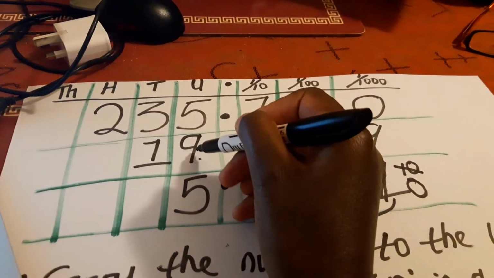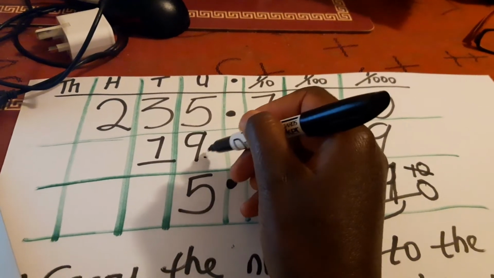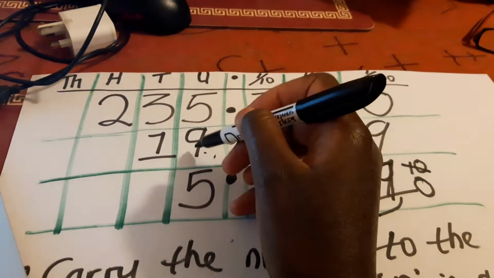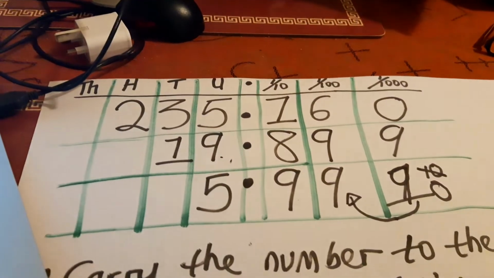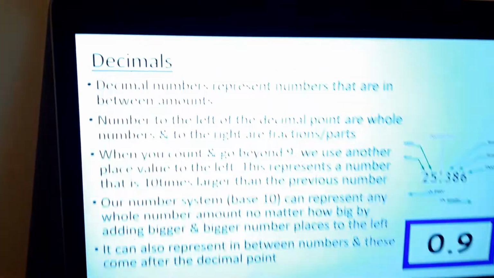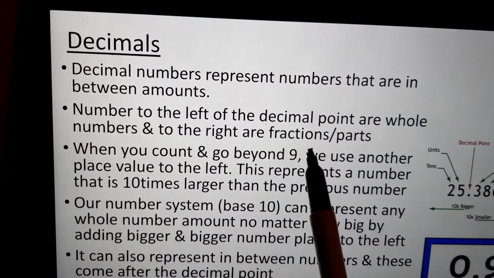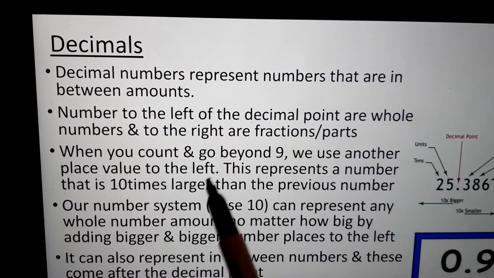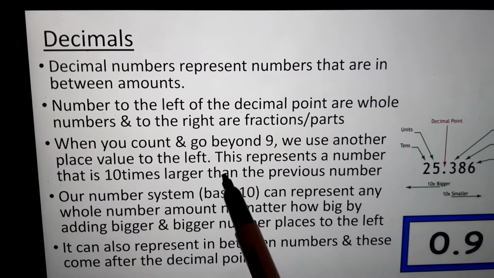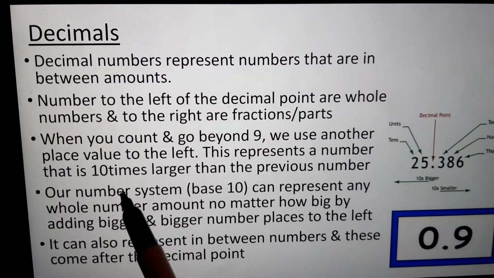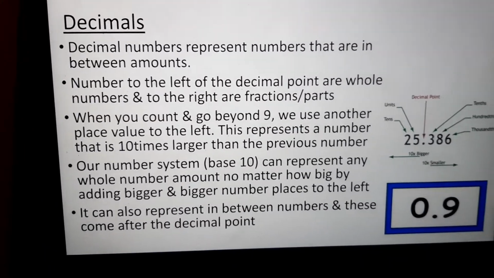If this number gets to 9, and the unit gets to 10, we don't write 10, we write 0, and then we carry the number to the column on the left. So that's what we mean when we say count and go beyond 9, we use another place value to the left, and this represents a number that is 10 times larger than the previous number. And of course, you all know that our number system is base 10.